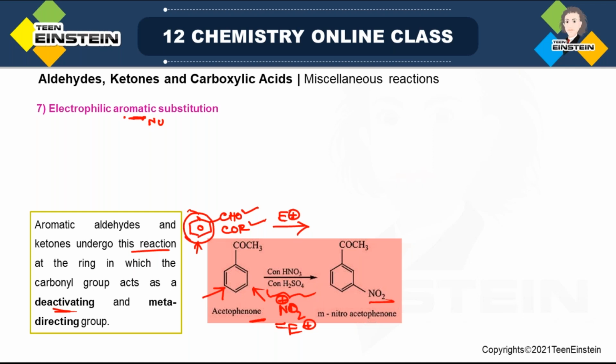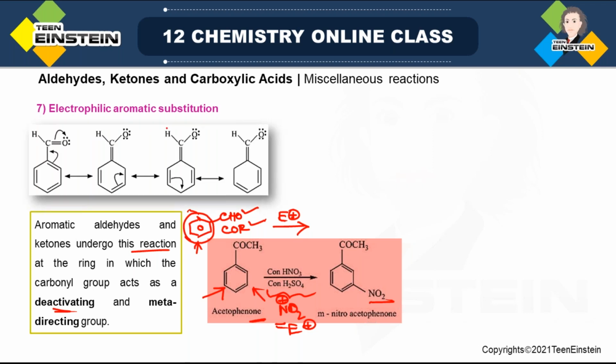Now the question may arise why it is meta directing, and to answer that question, you have to understand the resonance structure. So here we have taken a very simple molecule which is benzaldehyde. Now the double bonds of the benzene ring can take part in resonance with the carbonyl group of the aldehyde or ketone.